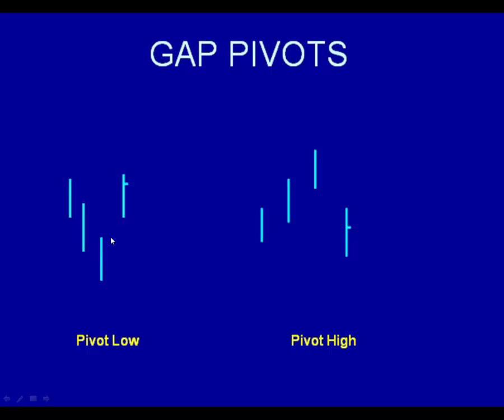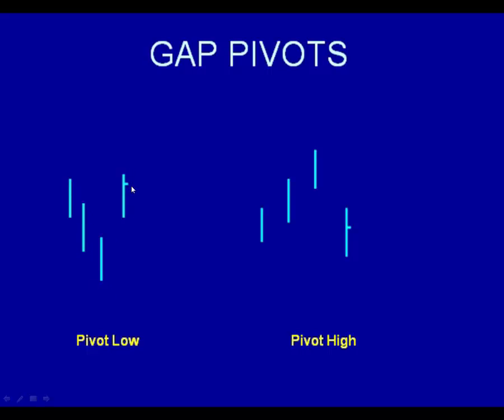Normally these occur on daily charts when there's an opening gap: the prior day has lower lows, lower highs, and then the next day opens with a gap. The prior day closed somewhere on this candle here, the next day opens up with a gap, and once that bar completes, that is the pivot.